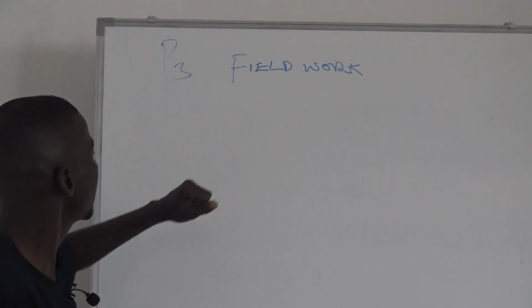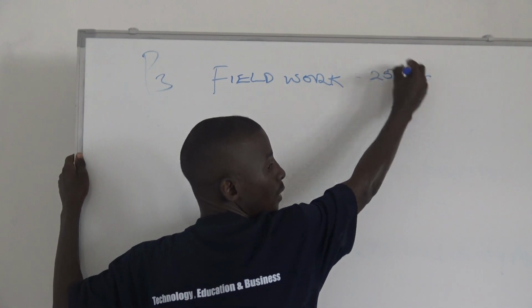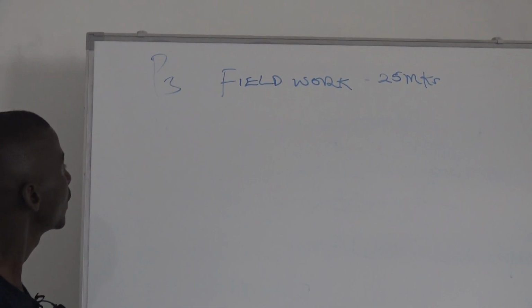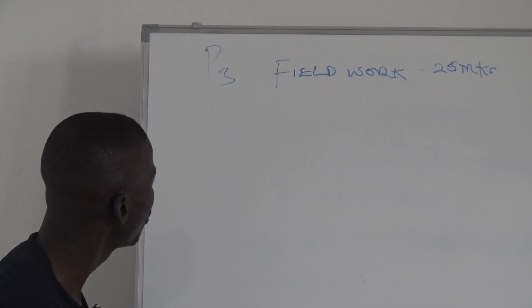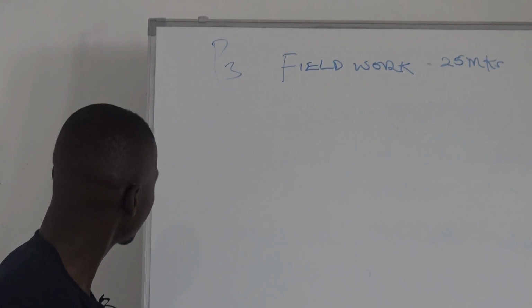Field work is compulsory and takes 25 marks. Then you choose any other three to give you a total of 100 marks.